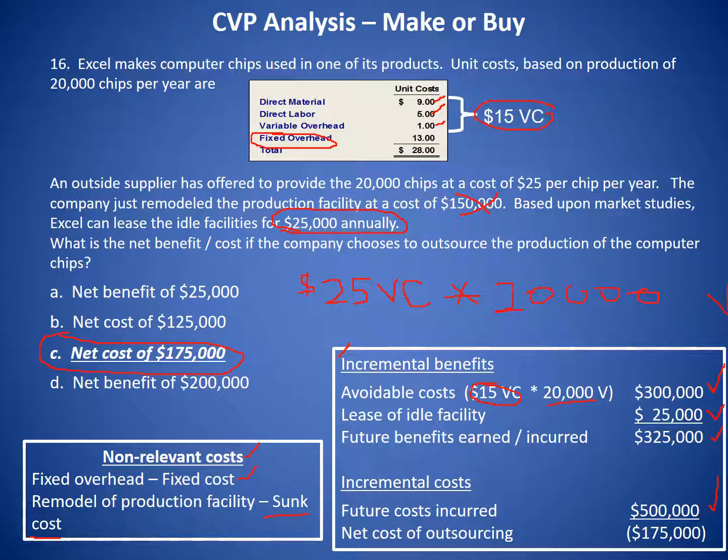So we're basically going to incur $500,000 of cost by buying it from this proposed vendor. So now we take the future benefits of $325,000 and compare that to the future costs of $500,000. In this case, we're going to have a net cost of outsourcing of $175,000, which is our answer.